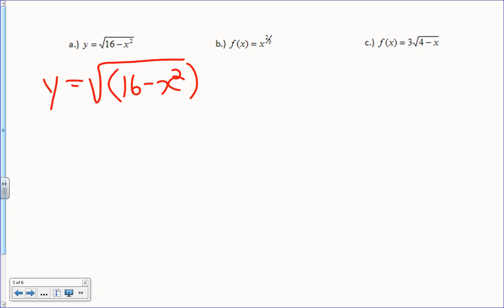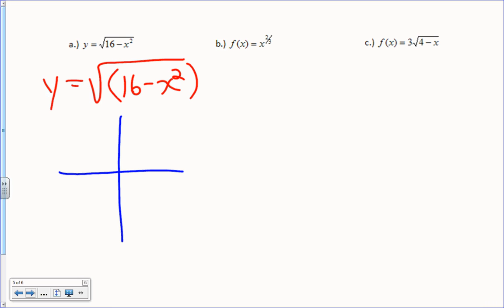And then we probably want to go zoom standard so that we're all looking at somewhat the same thing. So you would hit your zoom button, and then standard, I think it's the 5th or 6th one down, right? I would like to say that I hope it's no surprise that it's a semicircle with radius 4, but maybe it is.